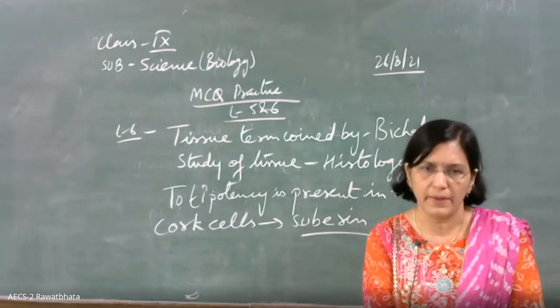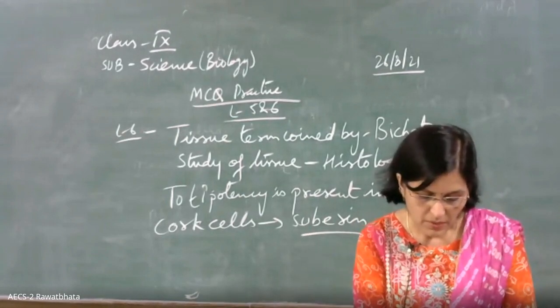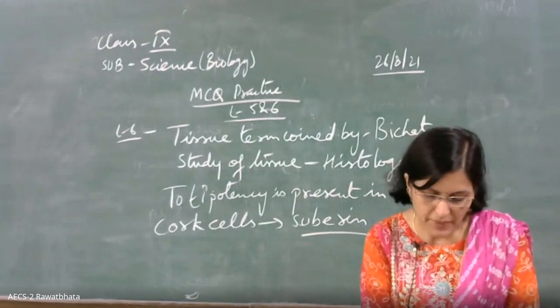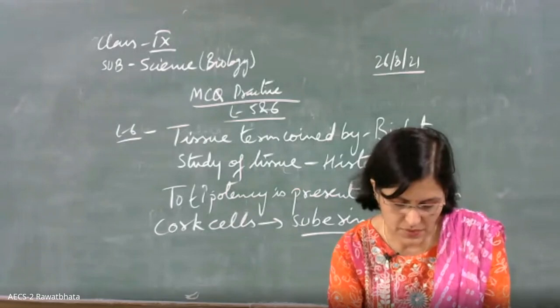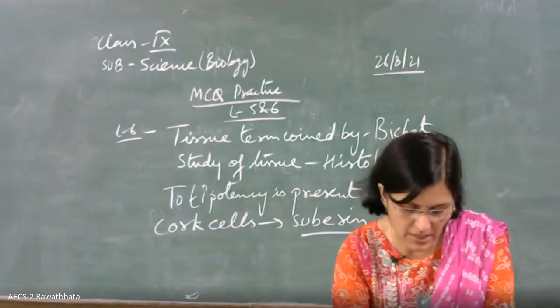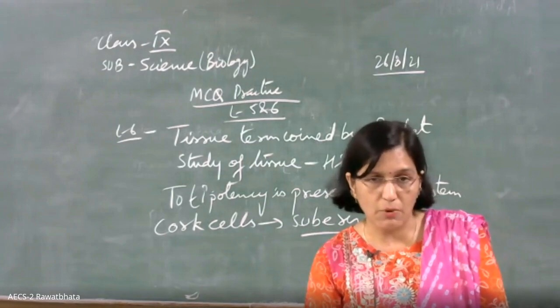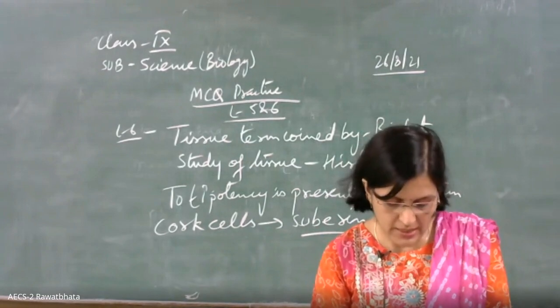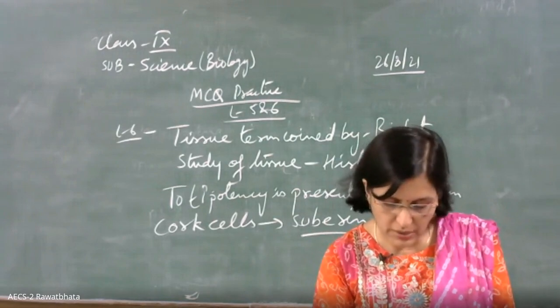No problem. Okay, beta. Next question is the outer wall of epidermis in stems and leaves has a waxy covering made up of. That means this cuticle they are talking about is made up of what? Lignin, suberin, pectin, or cutin.